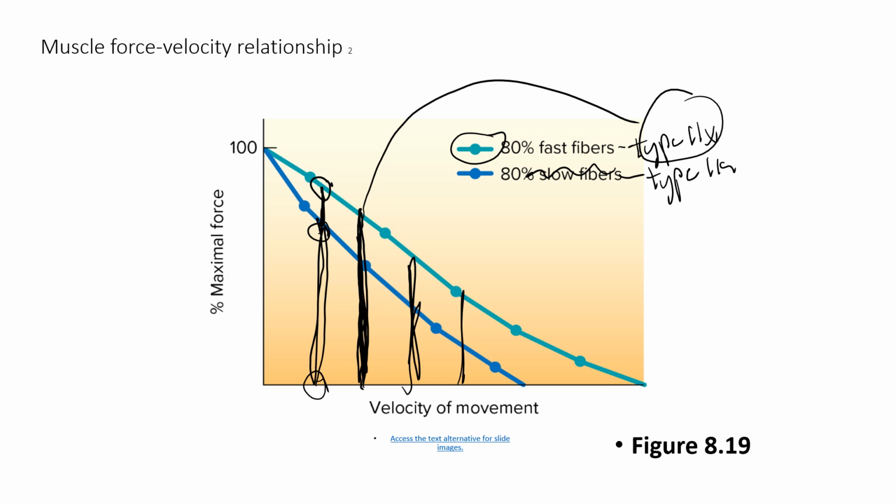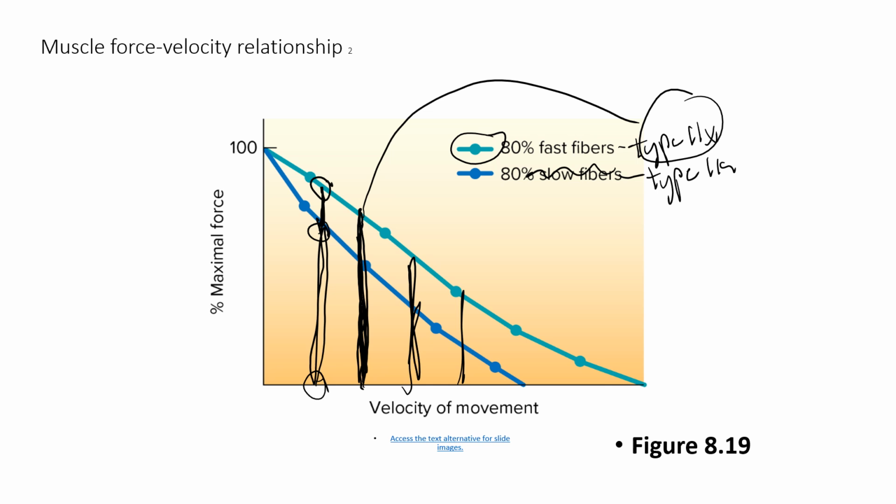Now, how could it be that both fibers are shortening at the exact same velocity, but one of them is producing more force? The answer to this is incredibly complicated, and nobody knows the answer for sure. The simplest explanation given for years was, well, the myosin heads within Type IIx fibers cycle at a higher frequency than the Type IIa fibers do.